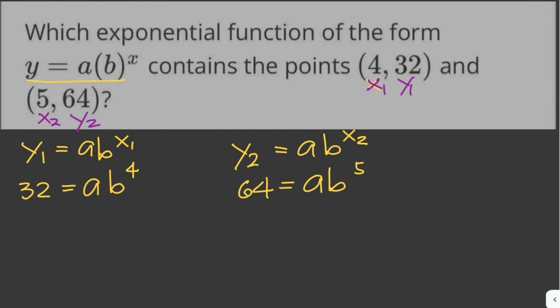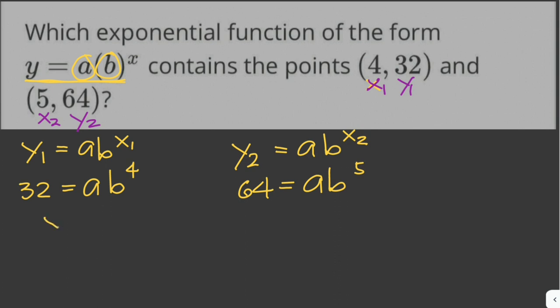Now to write the exponential function in this form, y equals a b to the x, we need to solve for a and b first. So we now have 2 equations. We can just divide them.